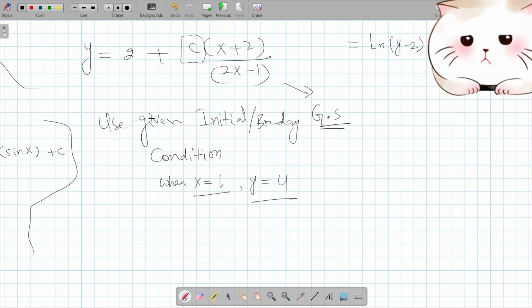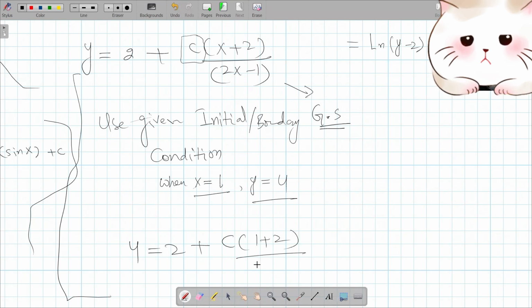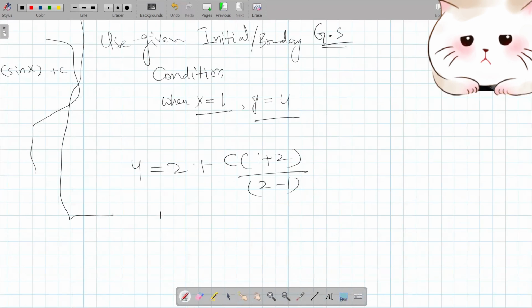Put x equal to 1 and y equal to 4 in the general solution here. So 4 equals 2 plus c times 1 plus 2 divided by 2 minus 1. Let's calculate the value of c now. So it will be 2 equal to c times 3. So c is 2 over 3, sorry.